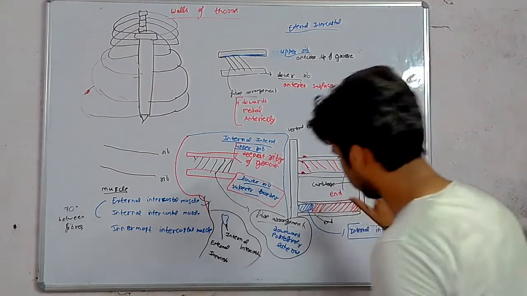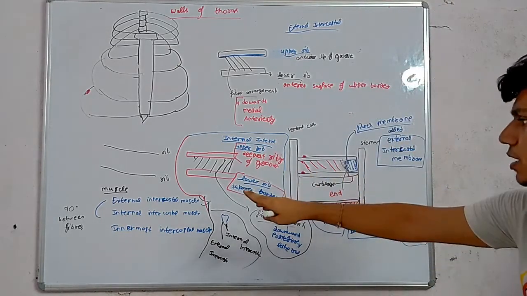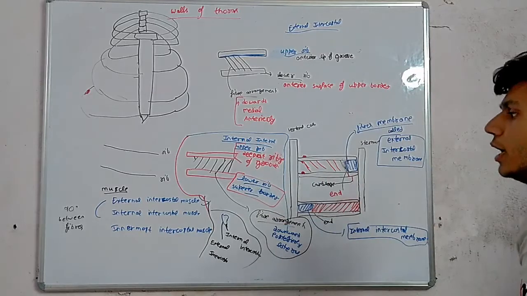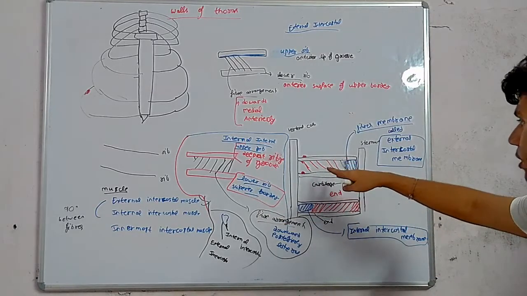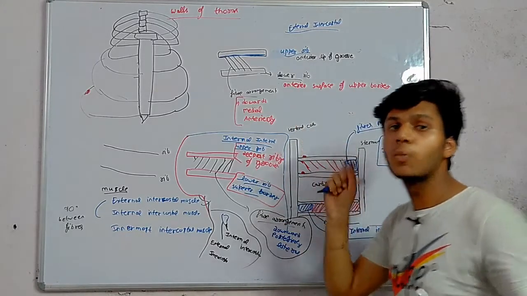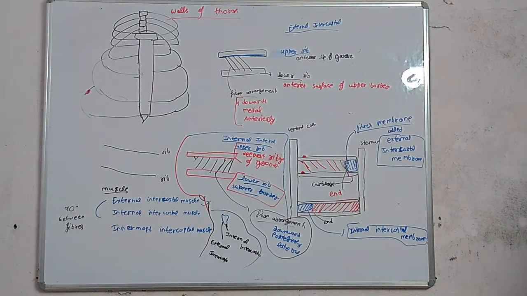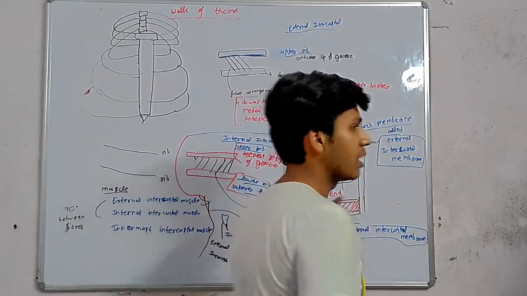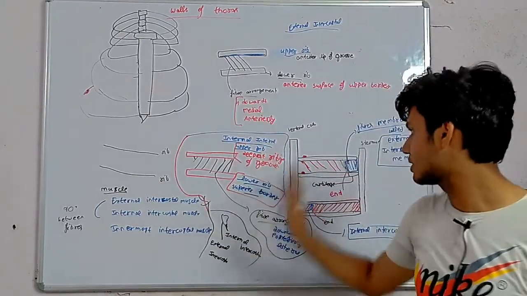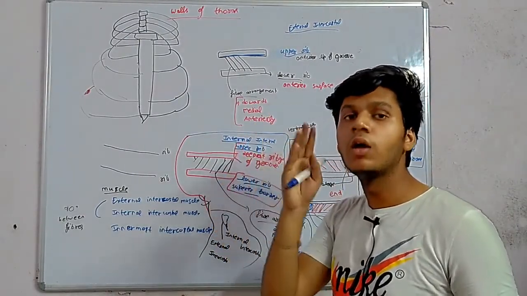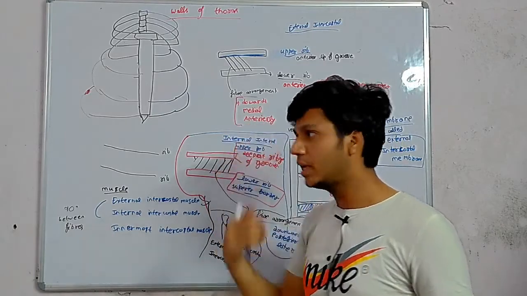So these are the arrangement of two muscles of the thorax. First external intercostal, then internal intercostal. The external intercostal arises near the tubercle and vertebra of the body, on the back side. Then it goes downward, forward, and medially.